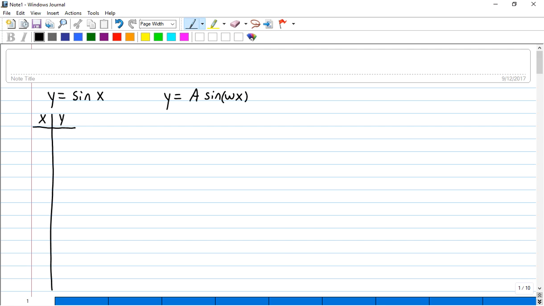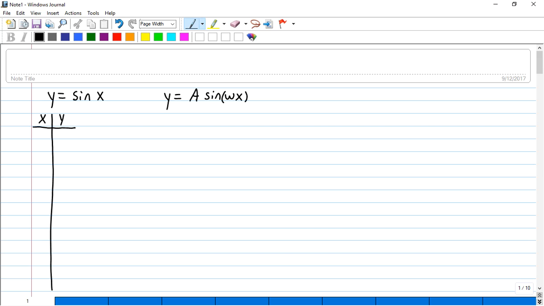It's not super unbearable, but there's a pattern that's going to be followed. And what I'm going to do is show you how the graph would look using about 6 or 8 points, and then I'll show you the pattern that we can use to help us graph really any type of sine graph.